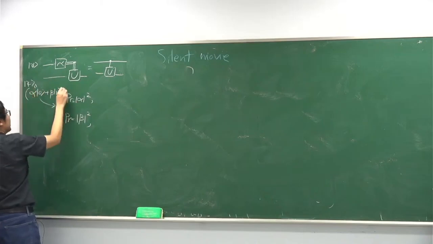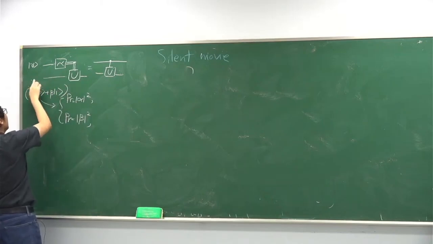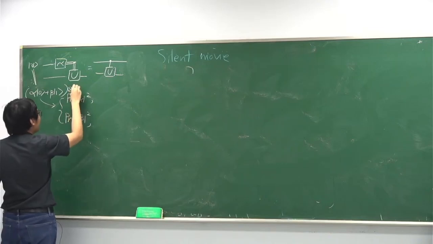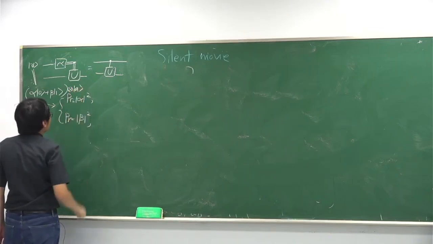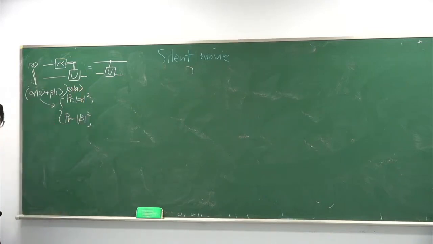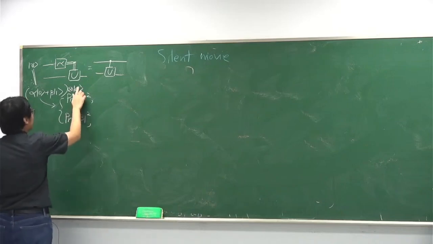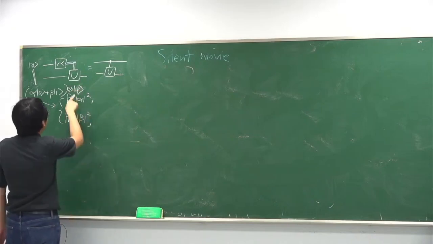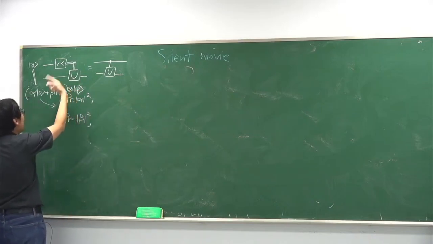So let's write the whole thing. This is psi, and then I put phi in some state in the computational basis, say. If I can put anything there, it doesn't matter. Then this I have measured out.